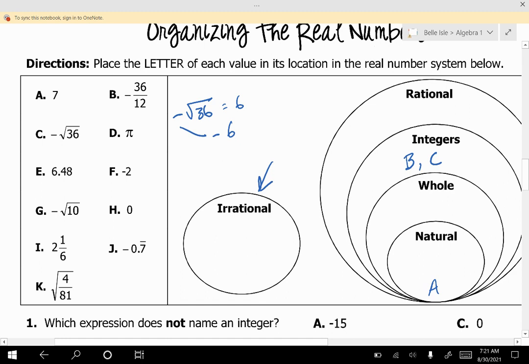Okay. So if we look at D, we know that pi is our most famous irrational number. So we'll write D right there. I would mark them as you go through so that you know you've already done it.